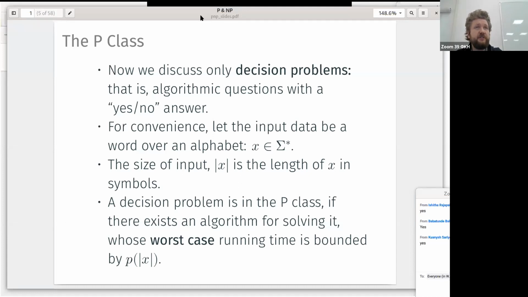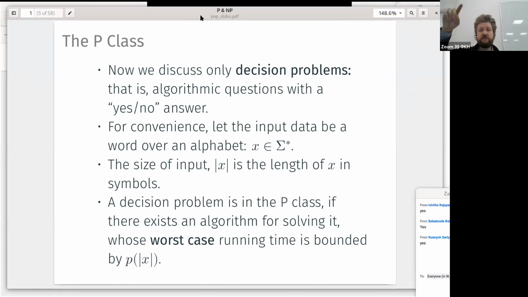This is asymptotic-behavior-style complexity estimation, because we are of course interested in what happens when x is very big. For small x's, we can just make this polynomial, say, a big constant, and it suffices.